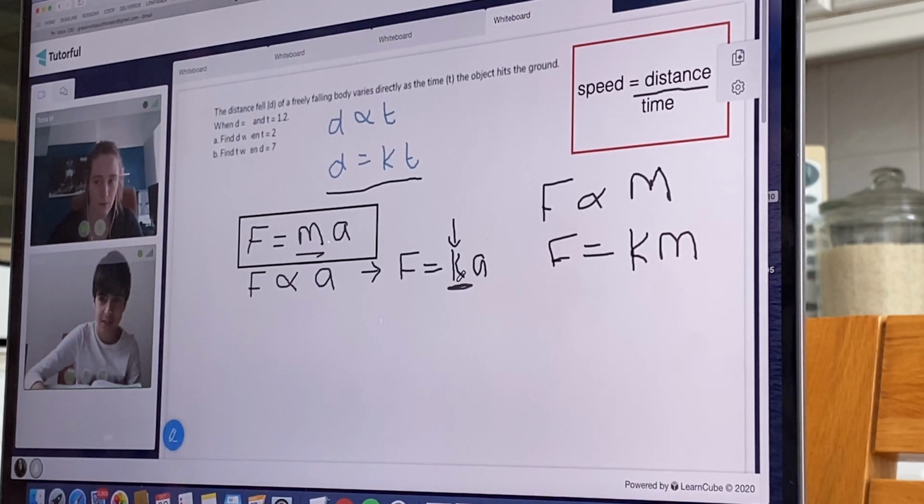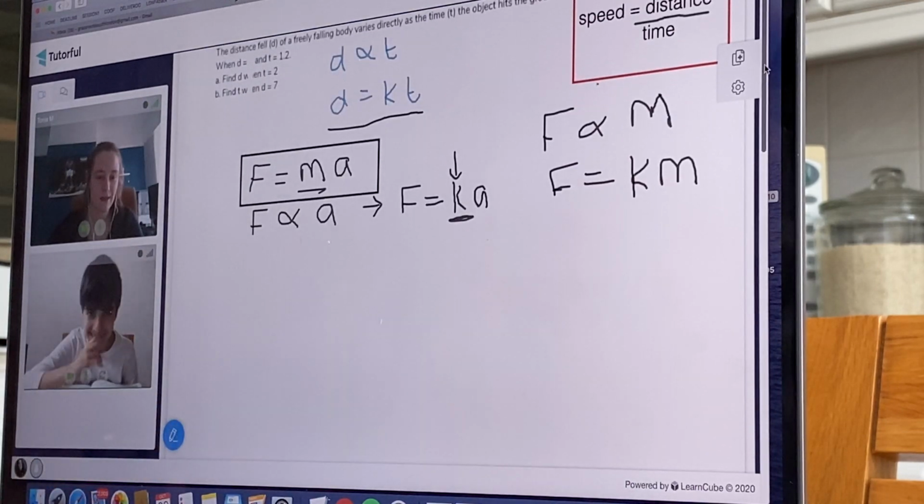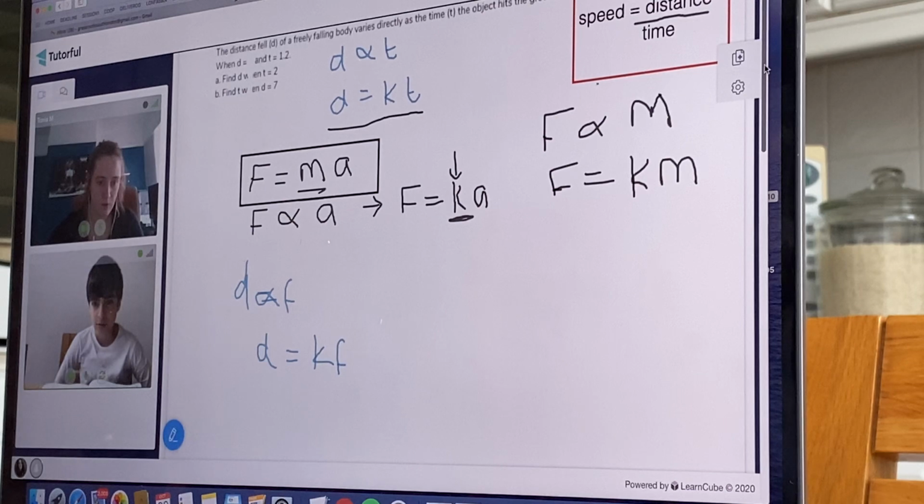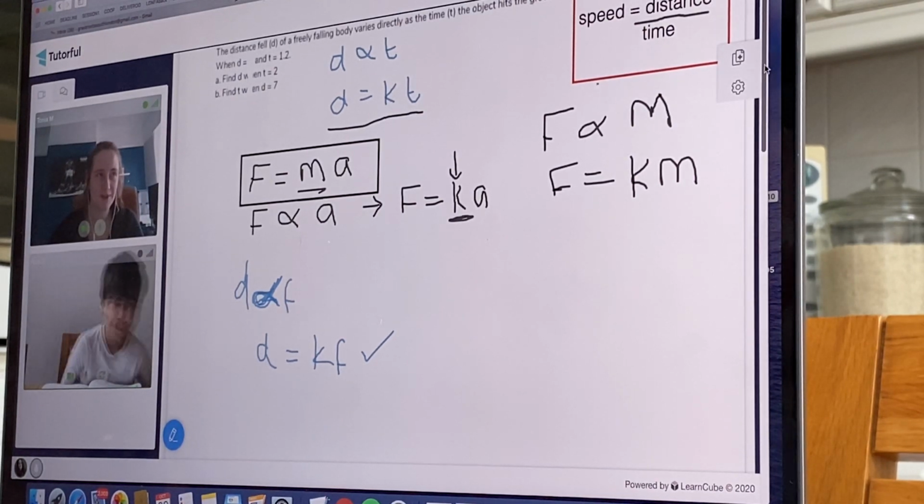Say there was a question like d equals F. What we would do on the bottom is write d equals kF, with the arrow sign to F. So if d was directly proportional to F, we would rewrite that as d equals kF, where k is some constant multiplied by F. k is just a number, so you can use any letter for k.